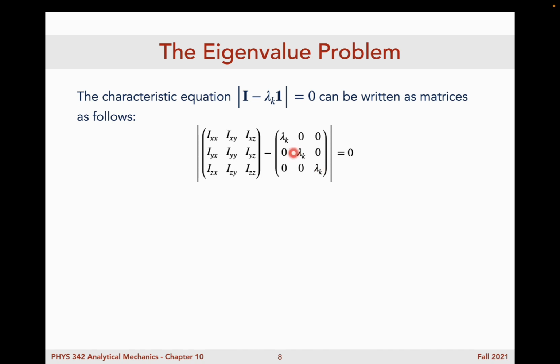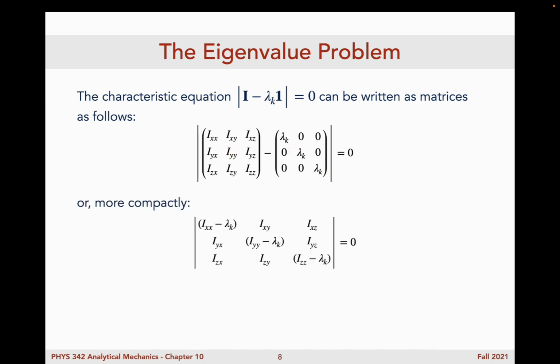If we subtract these two matrices element by element, this is what we get: the inertia tensor, and just along the diagonal we're subtracting a lambda from that value. Here's the condition. This is a matrix form of our characteristic equation. This is the thing that has to be satisfied, that we need to solve in order to find the solutions.